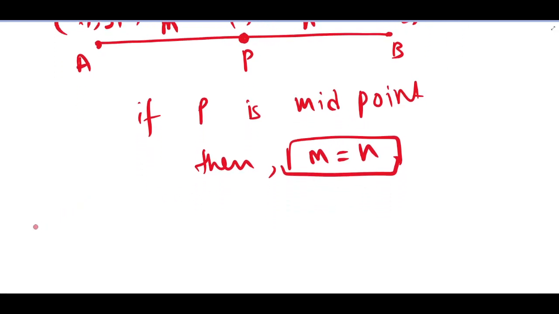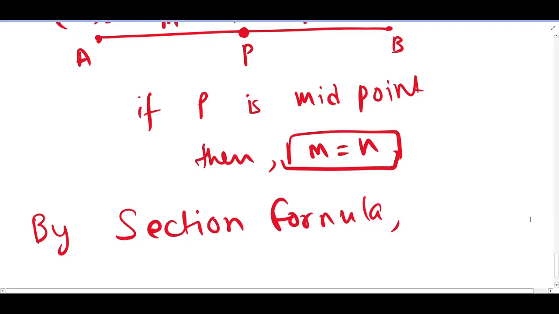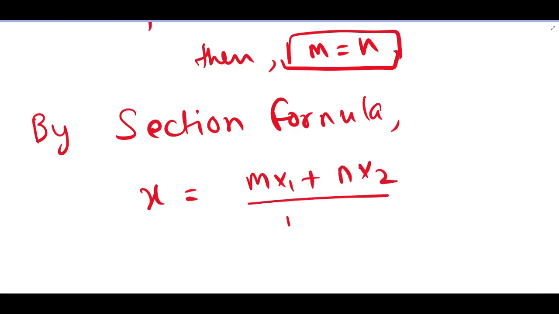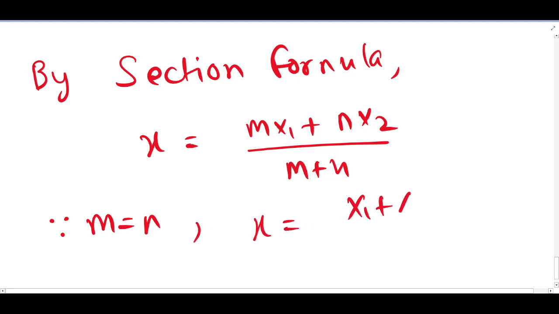So by the section formula, we have the point P x coordinate as m x1 plus n x2 divided by m plus n. So because m is equal to n, therefore x is equal to x1 plus x2 by 2.